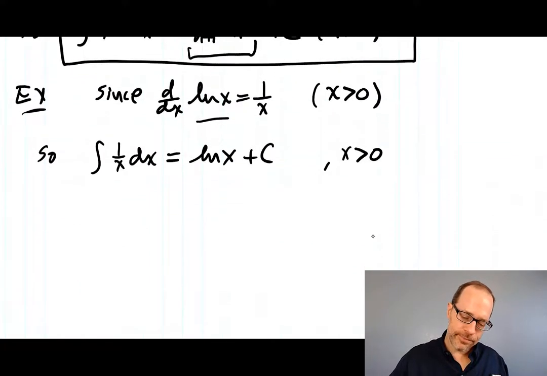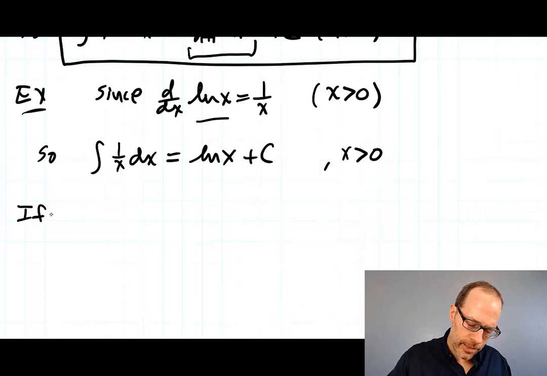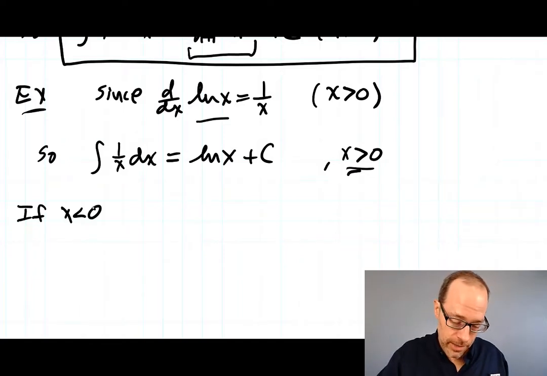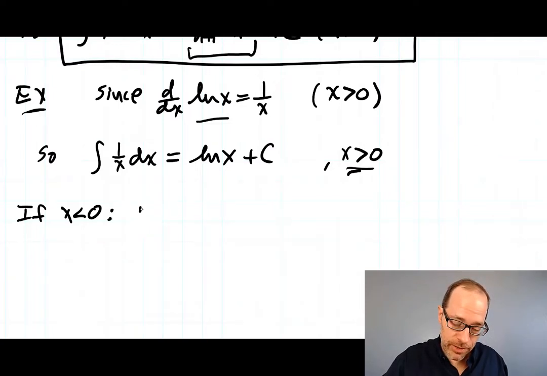Now, if I want to repair this requirement here, what do we do if x is less than 0 and we want to find an antiderivative for 1 over x? Well, here's the trick. Remember, since x is less than 0, the absolute value of x will be minus x, right?